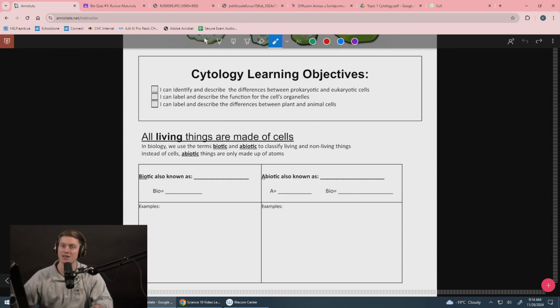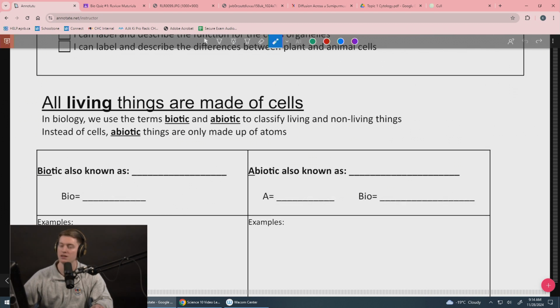Here's the first key thing. All living things are made of cells. Living things, which I'm going to highlight the word living in green here. Another word that we might use for living things is biotic. And a word that we might use for non-living things is abiotic, which I'll highlight in red here.